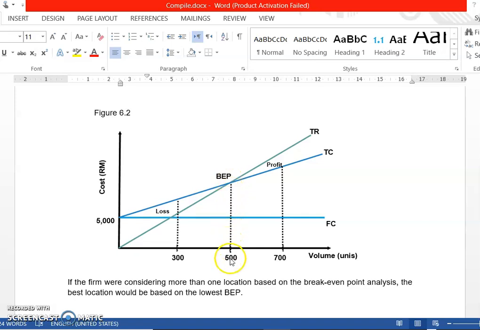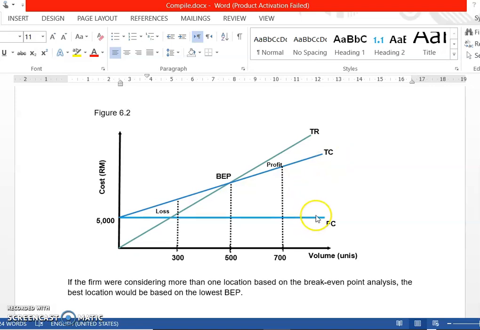So 500 is here. For total revenue, we start from 0 and we sketch. This is just a sketch, not an accurate calculation. So this is total revenue.